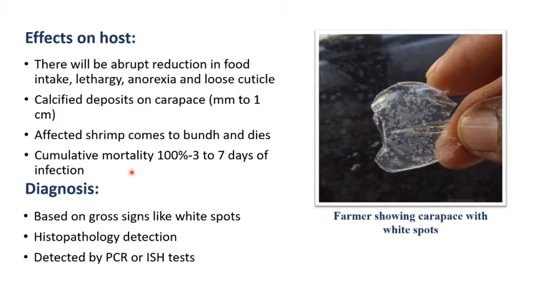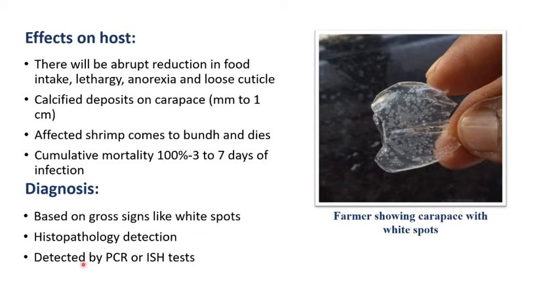We can diagnose this WSD, white spot disease, based on the gross signs such as presence of gastric white spots and rapid mortalities. And we can histopathologically detect this disease, which is the gold standard for detection.